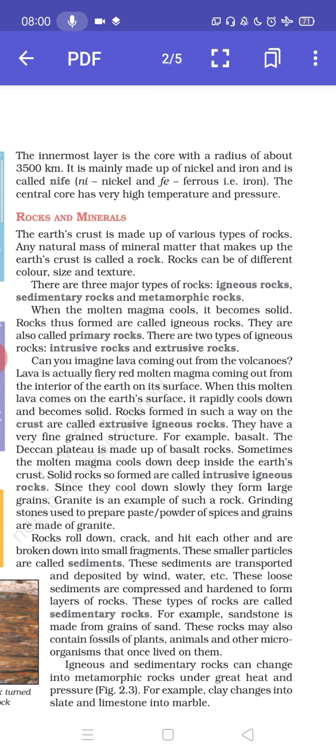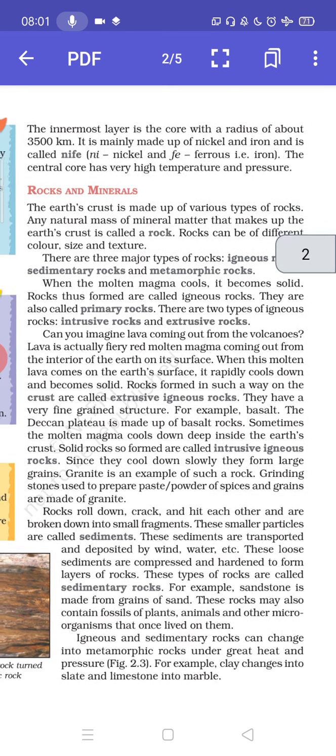Since they cool down slowly, they form large grains. So that is the difference: extrusive has fine grains and here large grains. Granite is an example of such a rock. Grinding stones used to prepare paste, powder of spices and grains are made up of granite.